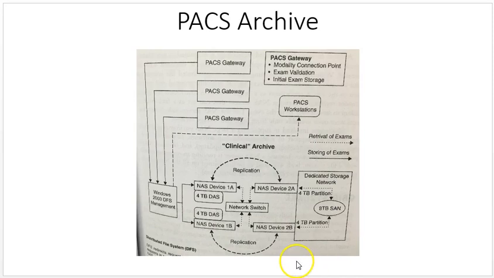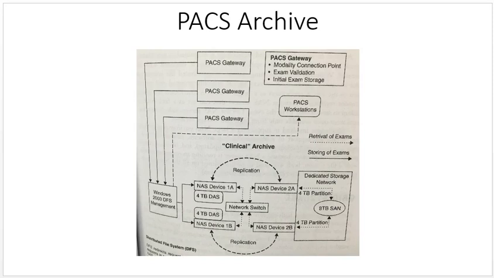And then you have NAS node 2, 2A and 2B, again each with 4 terabytes of direct attached storage, which we'll talk about in a minute. Between them, they have a network switch, and there's a replication service that runs between node 1 and node 2. So that creates a great level of redundancy.